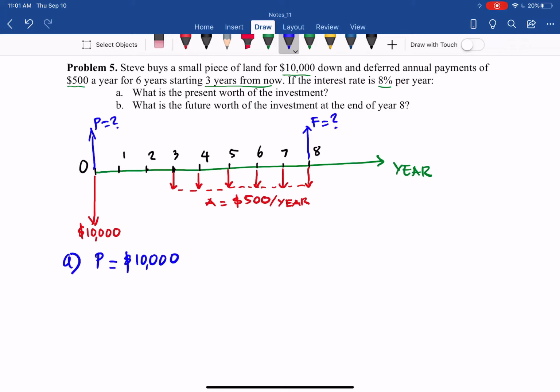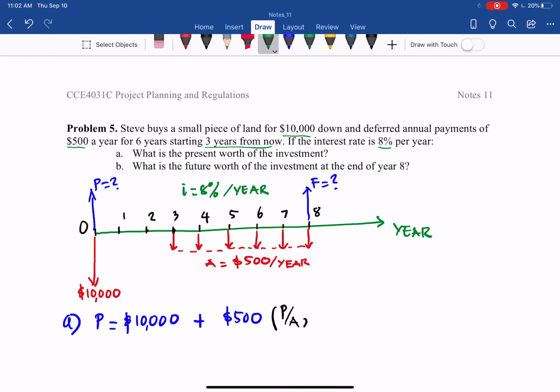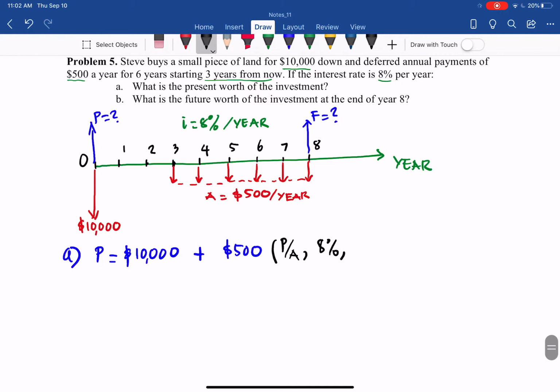We can apply plus $500, that is given A, find P. So $500 times the factor P given A, interest is 8% per year, for how many years? The annual amount is 6 times, 6 years, so it will be 6.